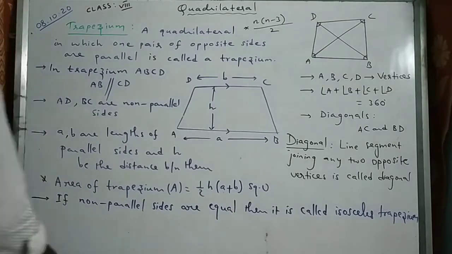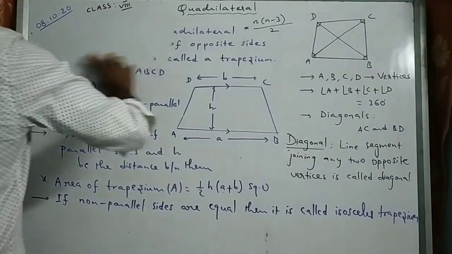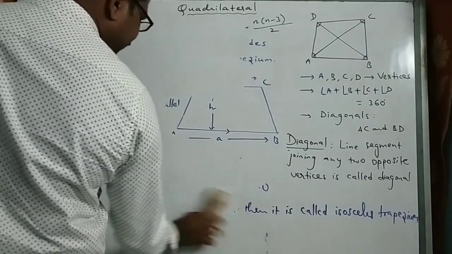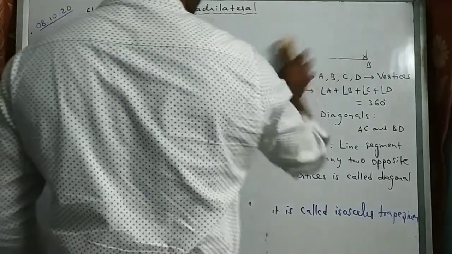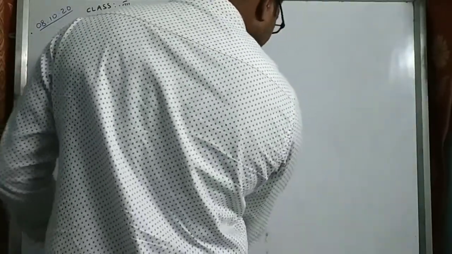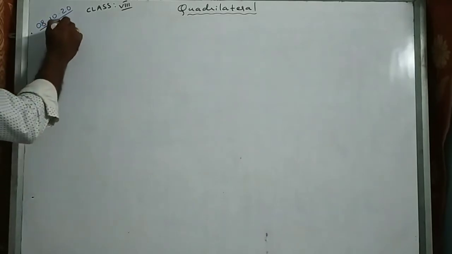Okay, next one, parallelogram. What is a parallelogram? Trapezium means a quadrilateral in which one pair of opposite sides are parallel.